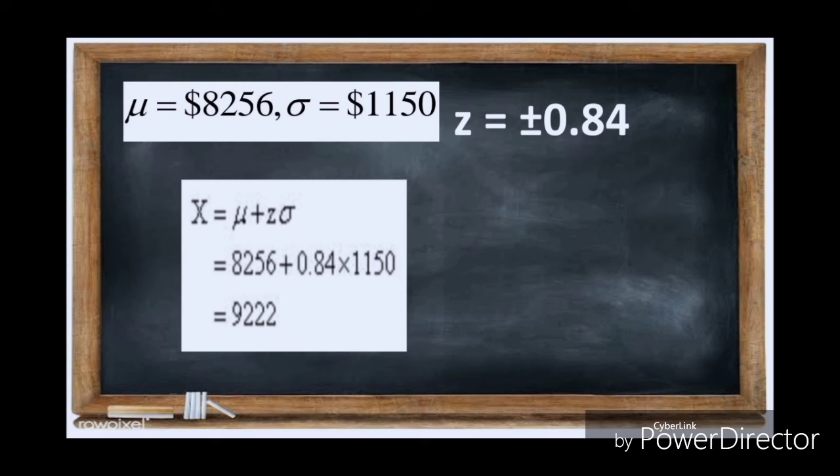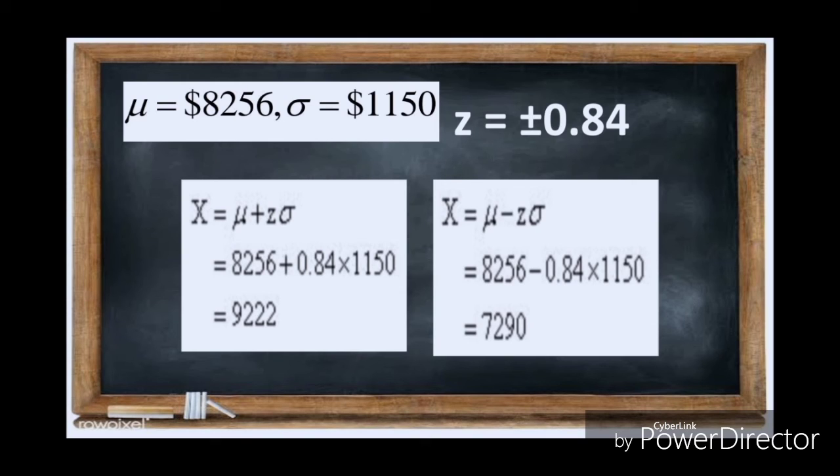And for the minimum price, x is equal to the mean minus the z-value multiplied by the standard deviation, which is equal to 8,256 minus 0.84 multiplied by 1,150, which is equal to 7,290.